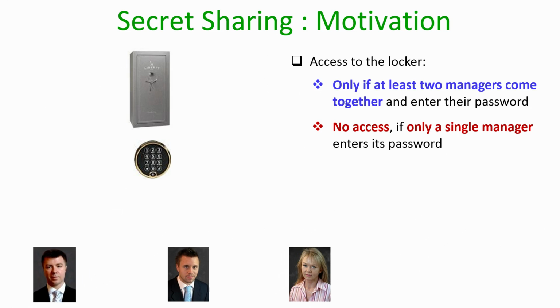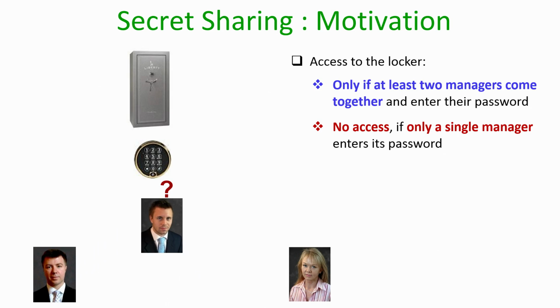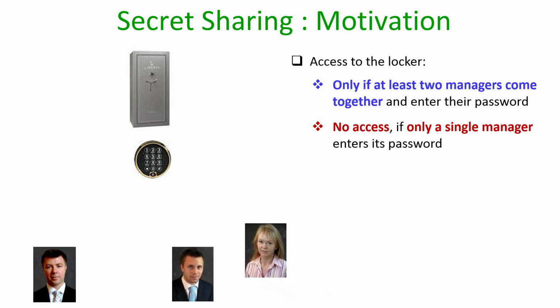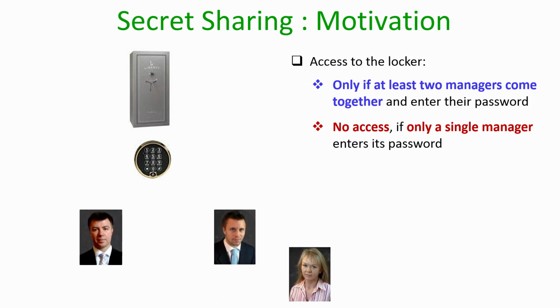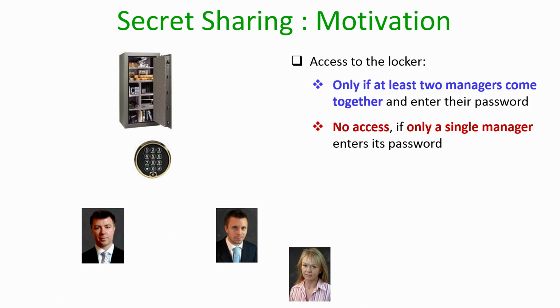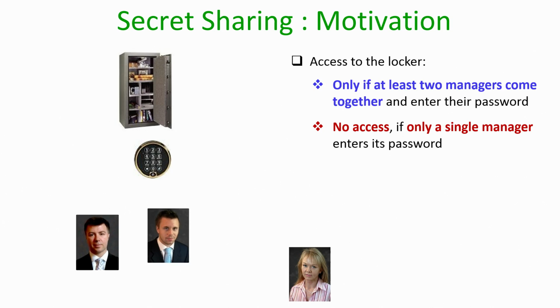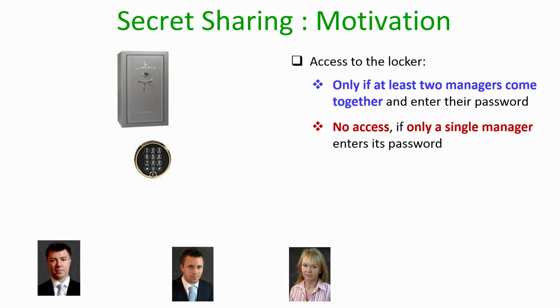So, for instance, if the second manager goes and tries to open the locker, it should not be able to do that. In the same way, if the third manager goes, it should fail, but if we take any set of 2 or more managers and they enter their respective passwords, they should be able to access the locker. So, that is what we require here.